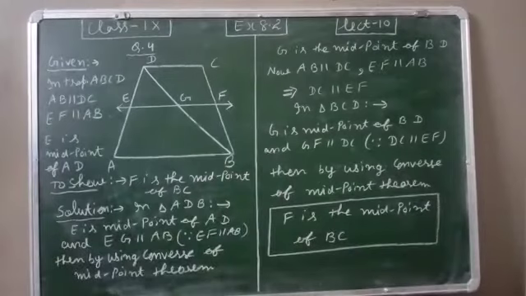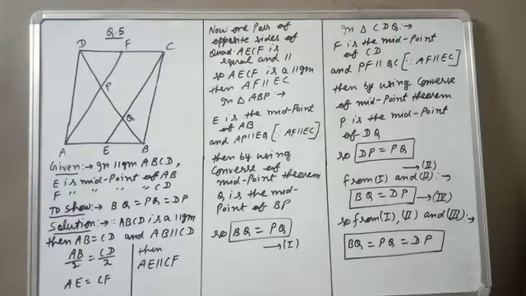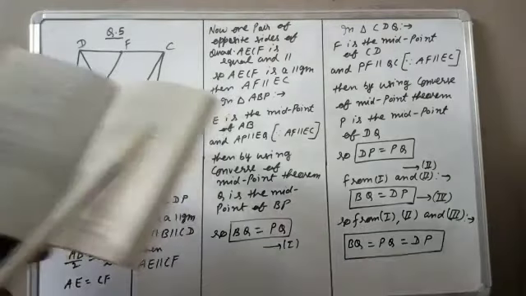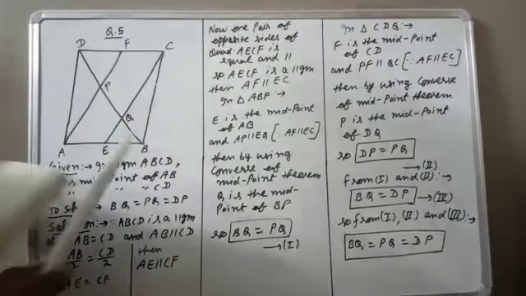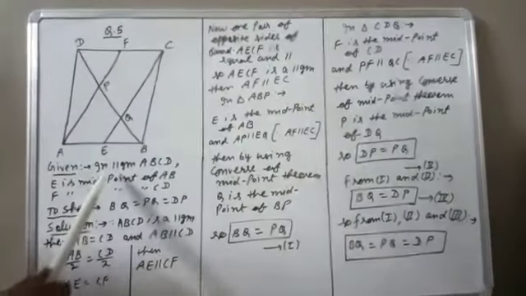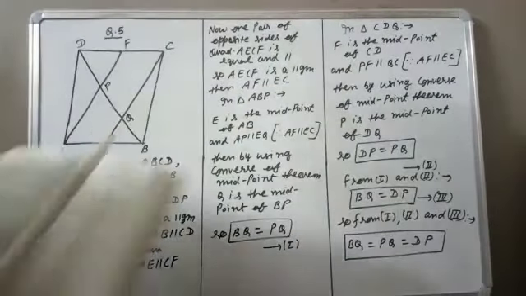After this, question number 5. Figure is given, so we draw the figure. Here ABCD is a parallelogram. In parallelogram ABCD, E and F are the midpoints of sides AB and CD respectively.